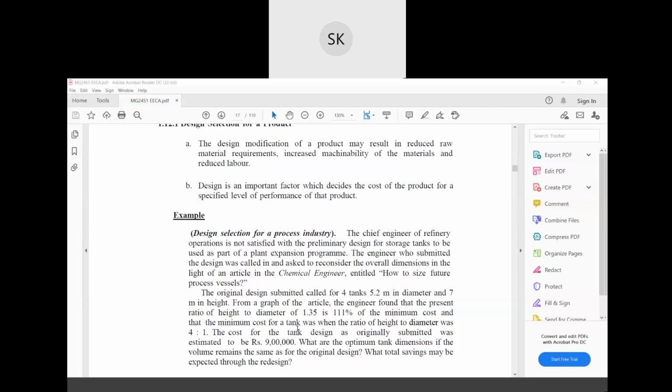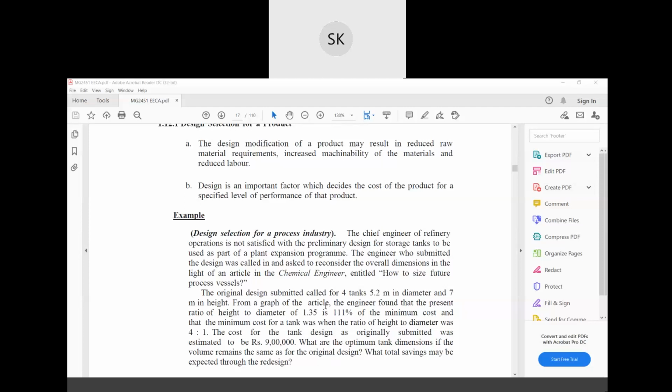So if you see, in the process of selecting the design of a structure, suppose a storage tank you are selling, if you change the design also, you can get a less cost. Understood what I'm saying? Suppose the engineer is not satisfied, he's saying that the cost of tanks is more.